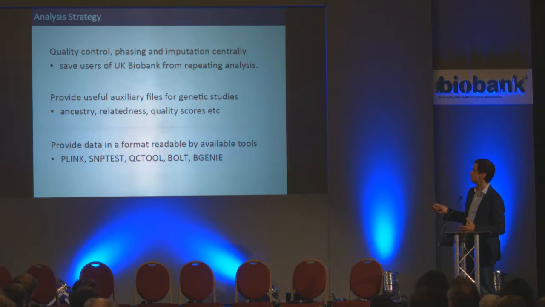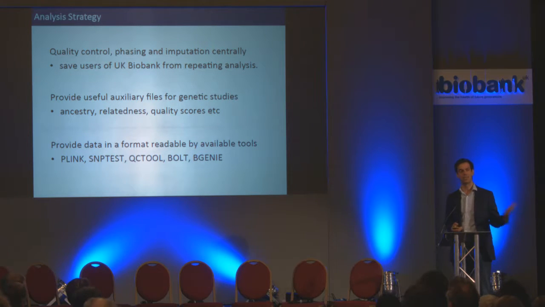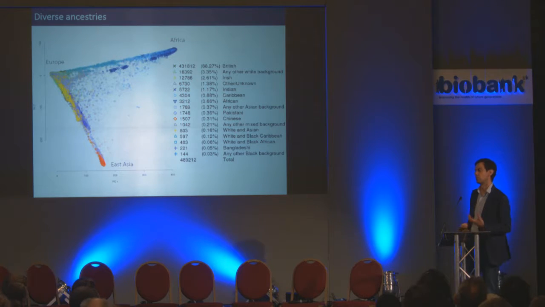And we aimed to provide lots of auxiliary information about the ancestry we could derive from the genetic material, about close relatives that we were able to uncover in the data, and also provide the data in a form that researchers could easily use.